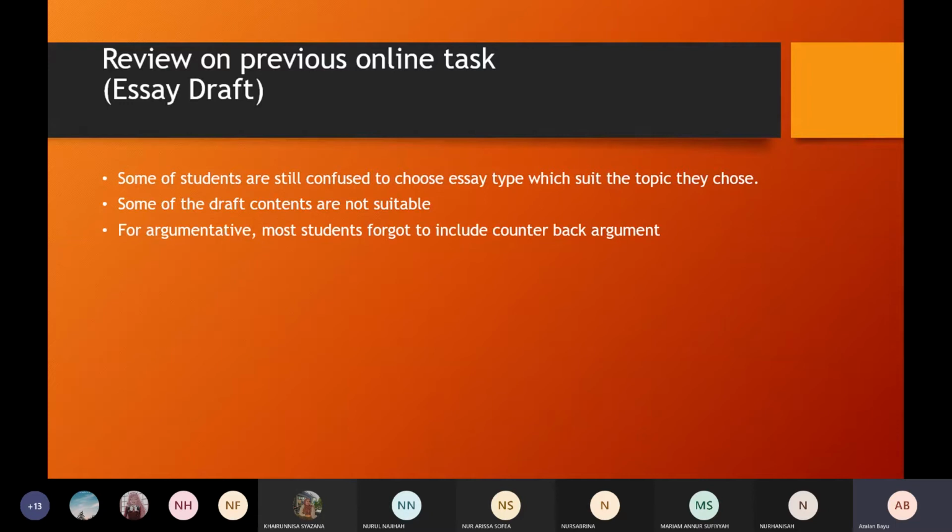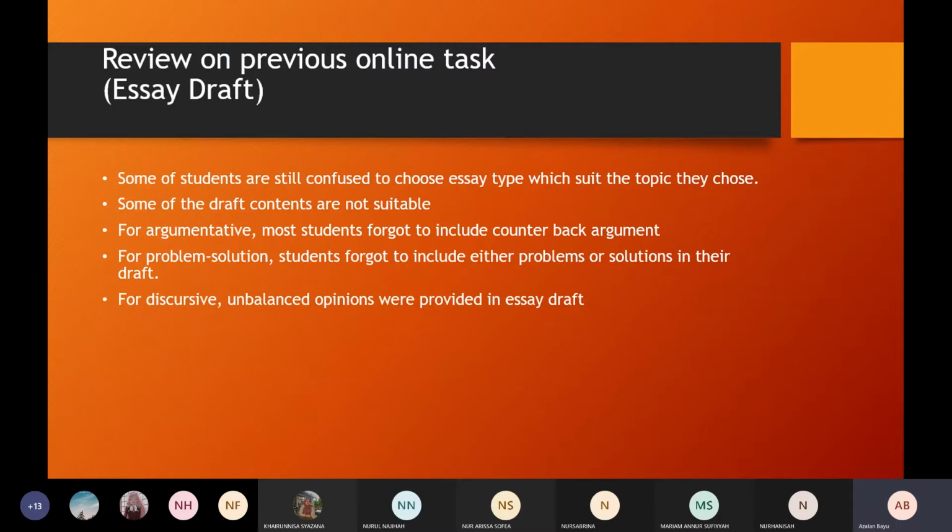Okay, those who did argumentative, please read what a counter argument is. Alright, and for problem solution, the students forgot to include either the problem or the solution in their draft. It means some students who did problem solution only listed down the problems and forgot the solution, or only listed down the solutions and did not explain the problem. So you choose whether to provide one problem and two solutions, or two problems and one solution, depending. Both are fine. But do not make it all solutions or all problems, it will not be a problem solution essay.